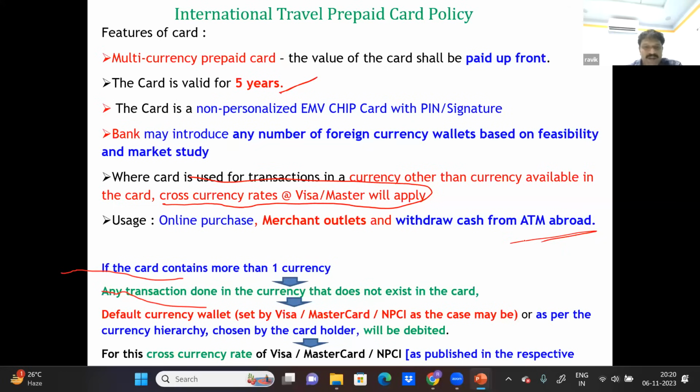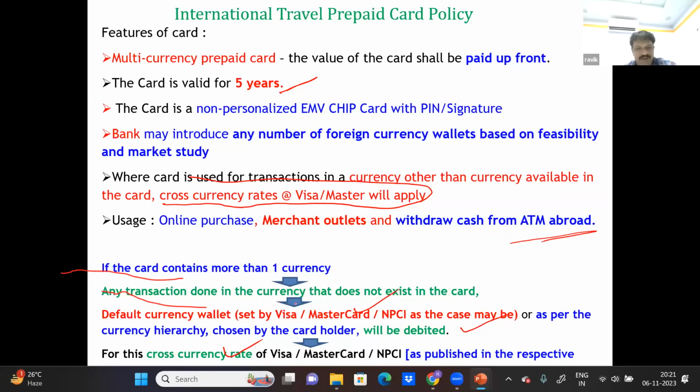Any transaction done in a currency that does not exist in the card will be debited from the default currency wallet set by Visa or MasterCard, as per the currency hierarchy chosen by the cardholder. First, whatever preference the customer has chosen, that only it will take. Then the cross currency rate will be applied.